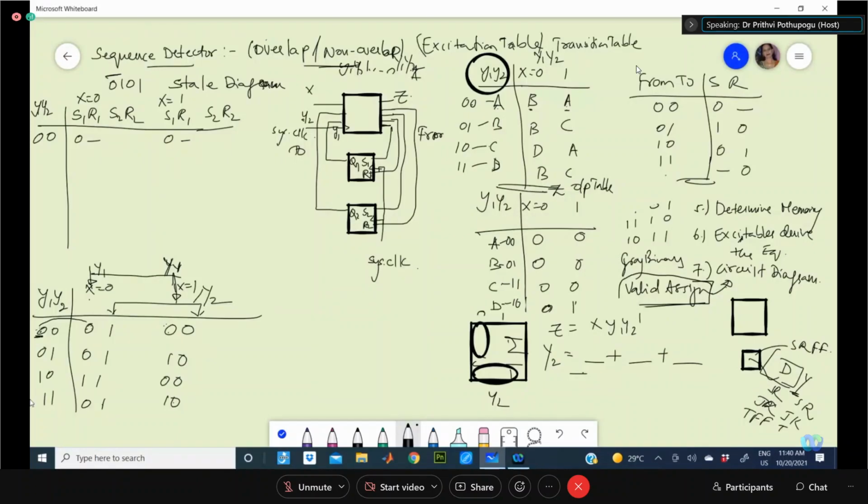Now, this is 0 to 1 transition, 1, 0. Next, this is 0 to 0, 0, don't care. Okay, next one, 0, 1. This is 0 to 0, that means 0, don't care is the input. Next, this is 0 to 1, 1, 0. 0 to 0, 0, don't care.